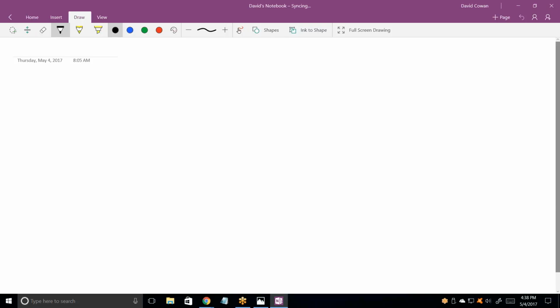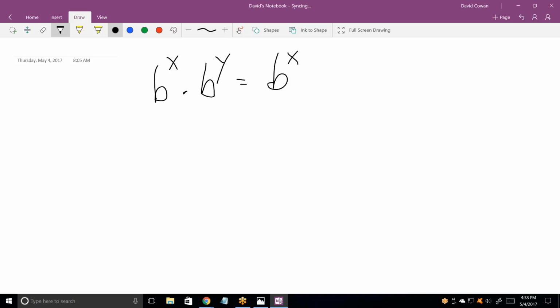If you have a base to one exponent times the same base to a different exponent, you add the exponents. For example, 2 cubed times 2 to the 4th equals 2 to the 7th.